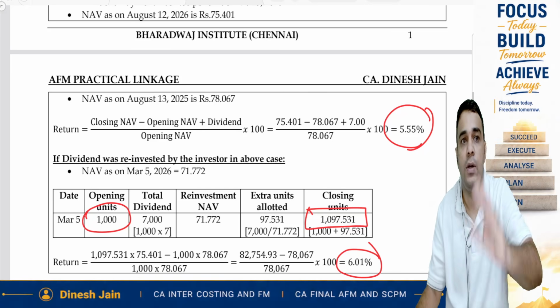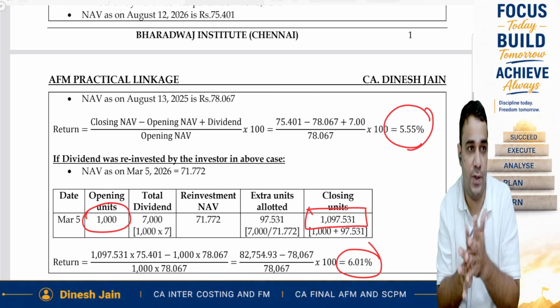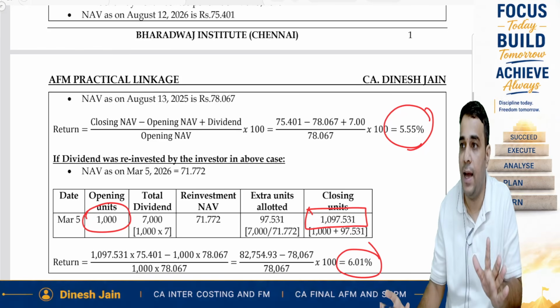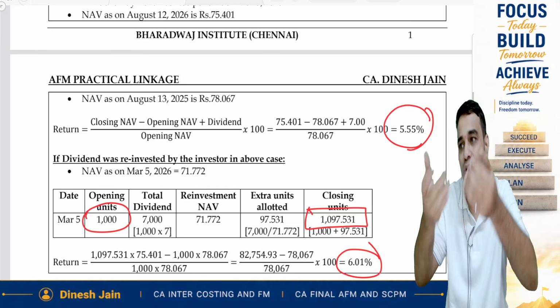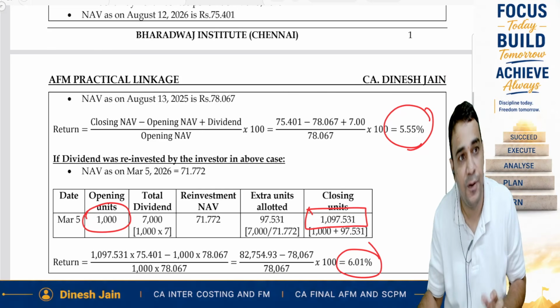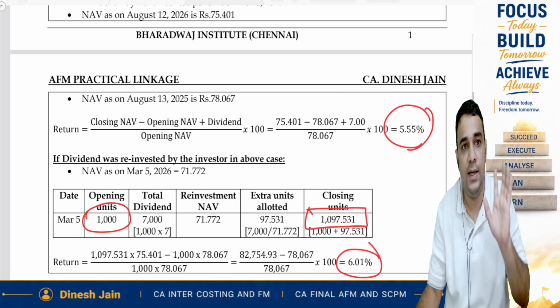If you take the payout, the bank account will have the money, and you can manually also reinvest. In the reinvestment plan, nobody pays you, and I don't reinvest myself. The MF itself does the reinvestment.